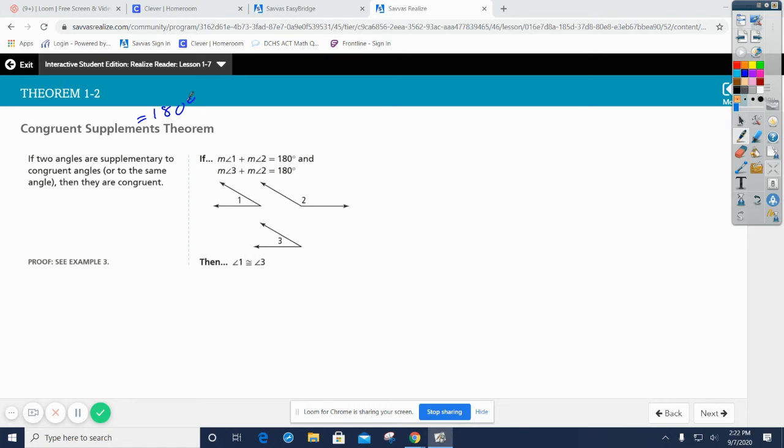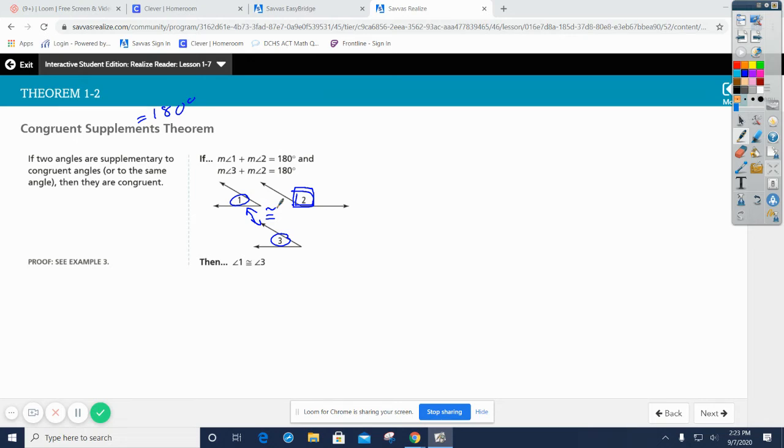Supplementary angles equal 180. So if you got angle 1 and angle 2, and you add them together, and they equal 180, and you got angle 3 and angle 2, add them together, they equal 180, then that means that 1 and 3 have to be congruent. They have to be equal. That's it.